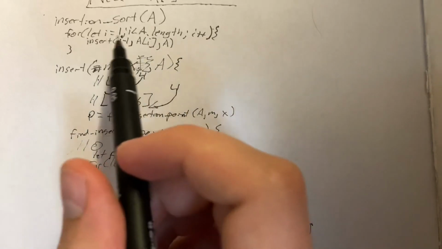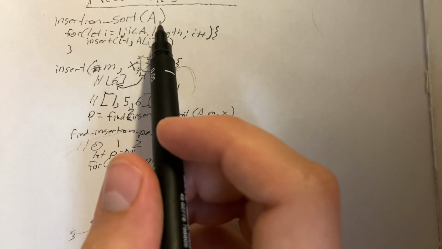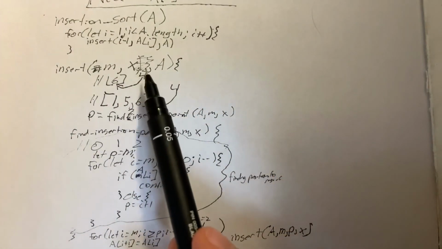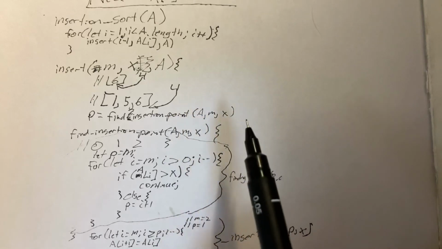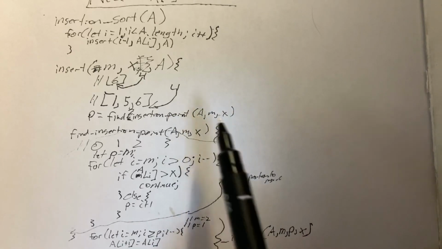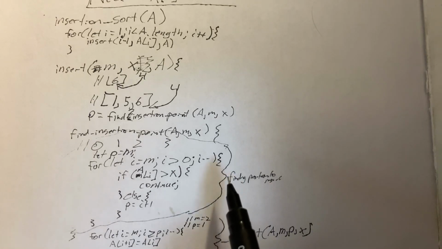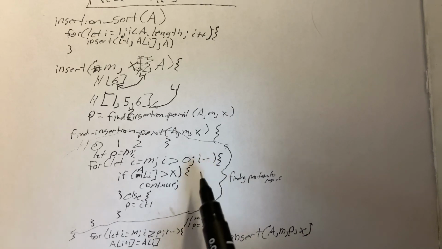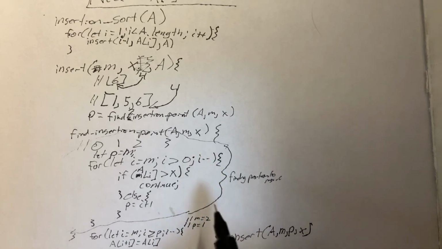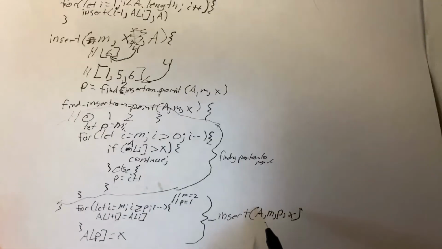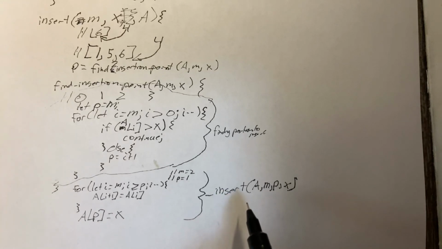So here we have essentially n iterations where n is the length of a, and inside of the insert function we call find insertion point and then insert. Find insertion point has n iterations in the worst case, and insert itself, worst case, has n iterations.